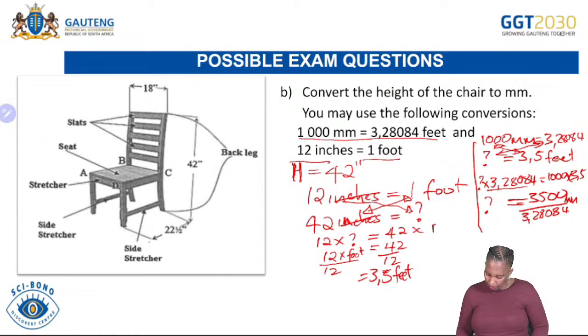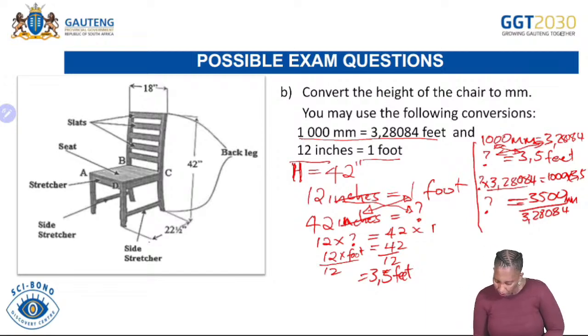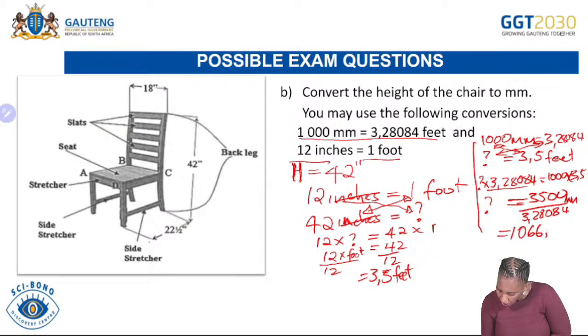And then it's 3,500 divided by 3,28084. Our answer will be 1,066,799,966, and it is in millimeters.